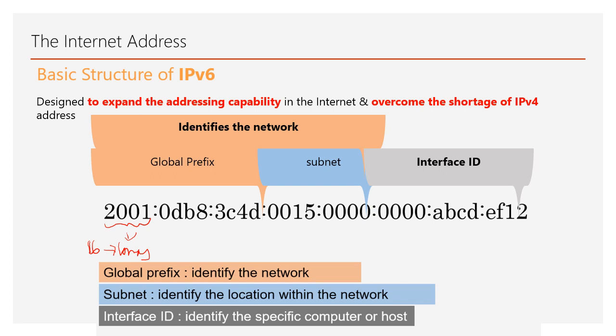So the total size of one IPv6 address is 16 times 8, which is equal to 128 bits. In other words, IPv6 is a 128-bit scheme of IP address.